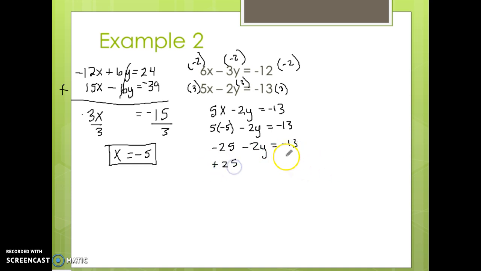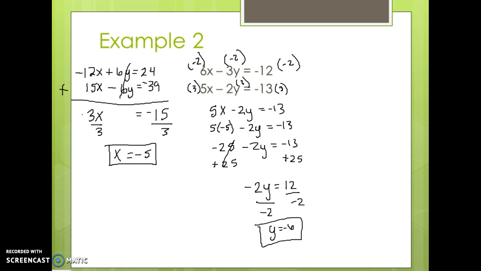Adding 25 on both sides, these two cancel out. You're left with negative 2y equaling 12, and then divide by a negative 2 to get y to equal negative 6.